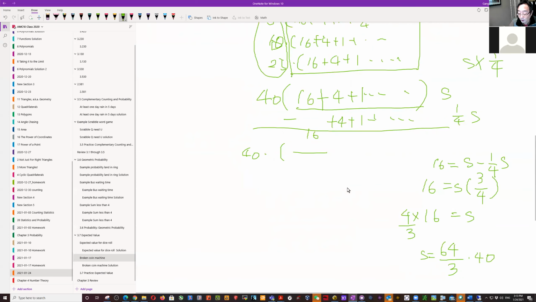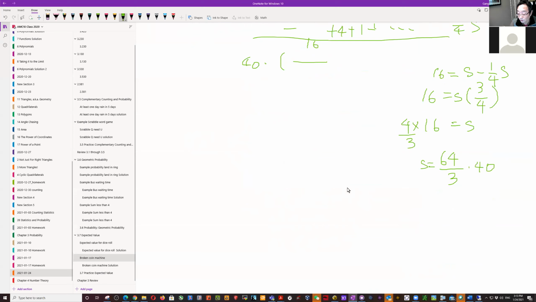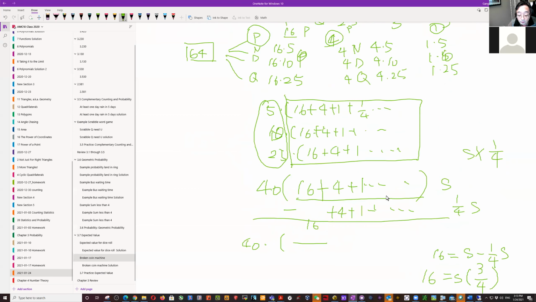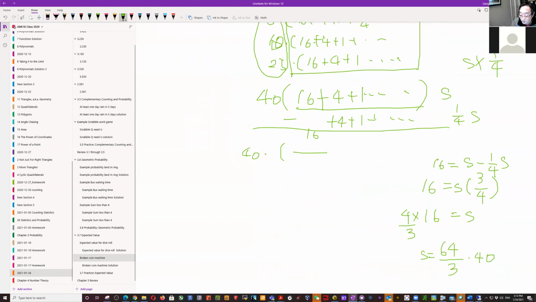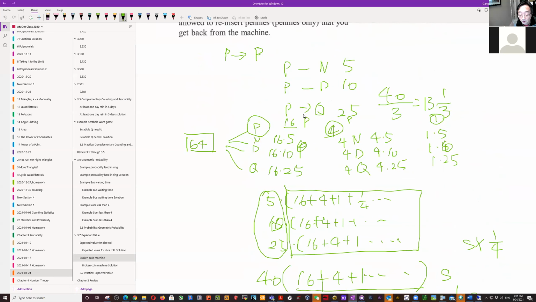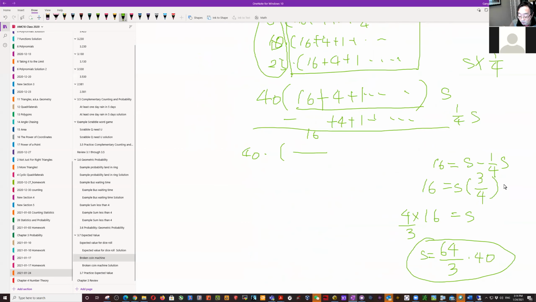And then we will actually get the right result. So basically, if you have 64 coins that add up, eventually is how many.